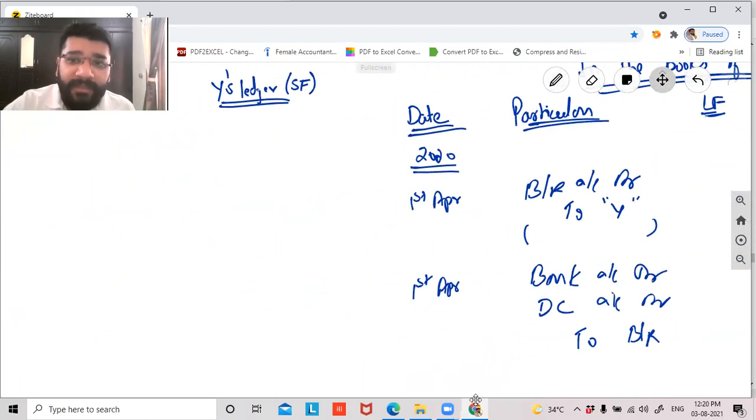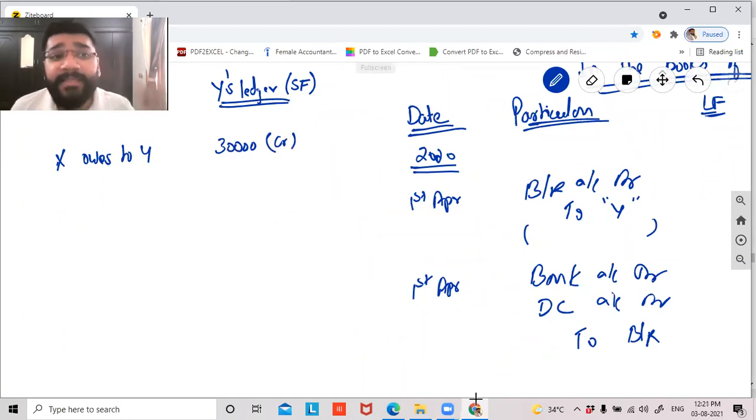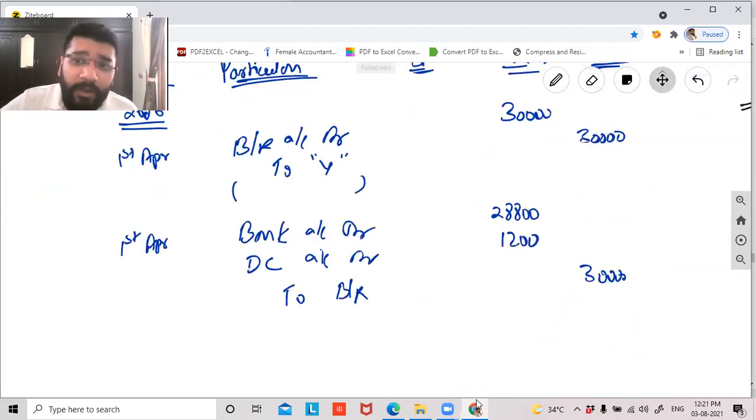So in the first instance, can I say X owes Y 30,000 rupees? Can I say it is a credit balance? X is supposed to make the payment to Y 30,000 rupees. Yes or no? Yes, sir. Out of 30,000 rupees, X has paid to Y how much? The bank amount and the discounting amount put together is how much? 10,000.